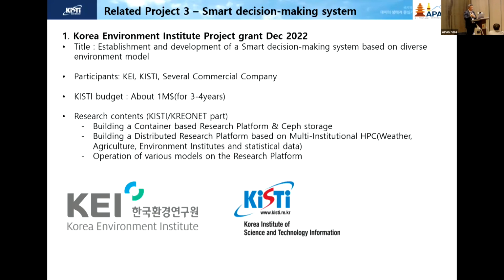The funding is by the Korea Environment Institute, and the participants are KEI, KISTI, and several related institutes such as KMA and the Korea Rural Administration, and so on. They need this big data transfer, analysis and computing platform, and also GPU machines. As I mentioned before, all of our platforms can support these areas.